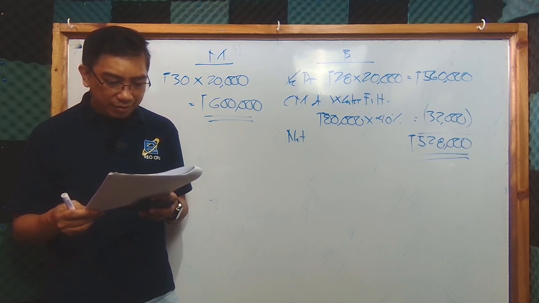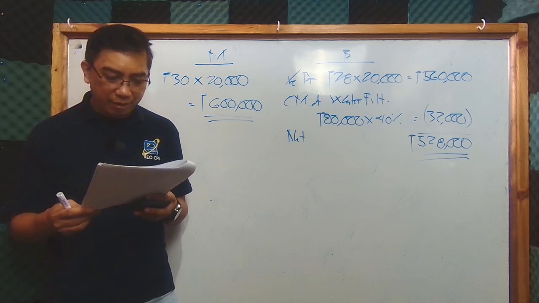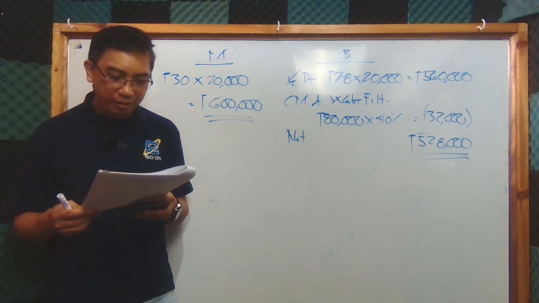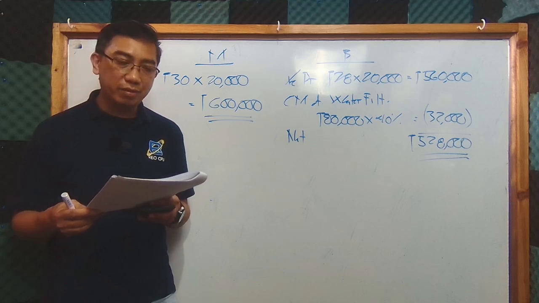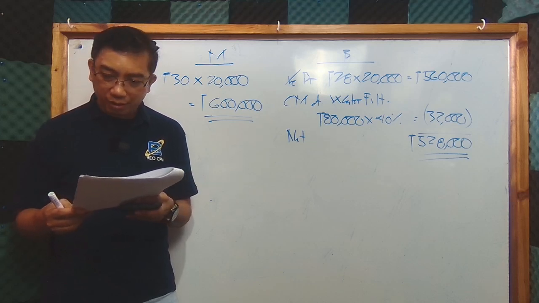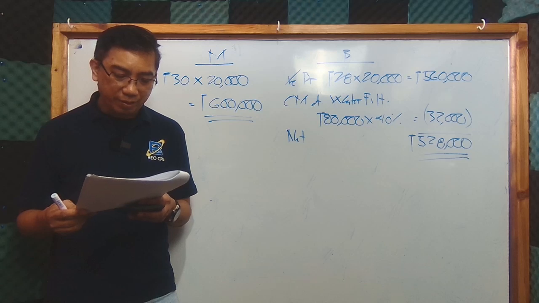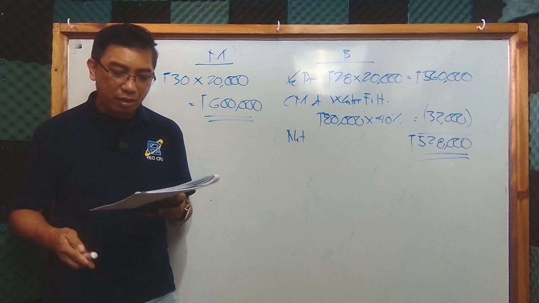The supplier has offered to make the product at the same level of quality that the company can make. A fixed marketing cost would be unaffected, but variable marketing cost would be reduced by 30%. Take note, class, it will be reduced by 30% if the company were to accept the proposal. What is the maximum amount per unit that the company can pay to the supplier without decreasing operating income?